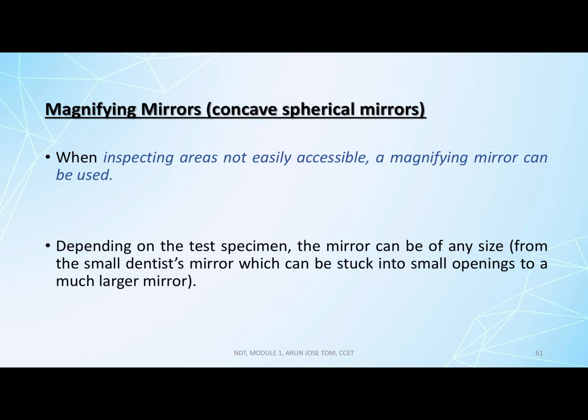When inspecting areas not easily accessible, a magnifying mirror can be used. This mirror magnifies the image to our eye and we can see the small crack or minute discontinuity in the material. Depending on the test specimen, the mirror can be of any size. The size may vary depending upon the application.